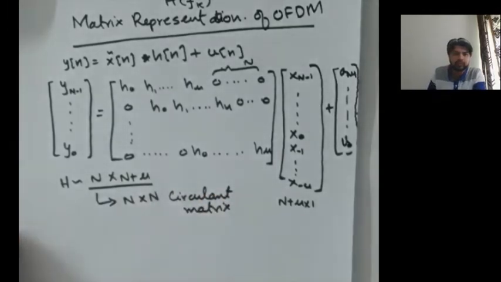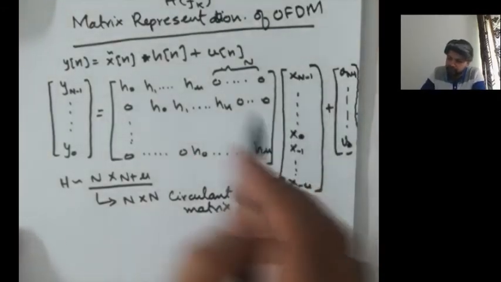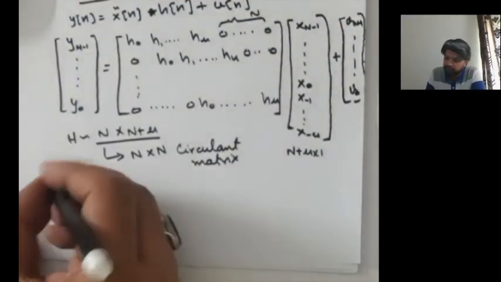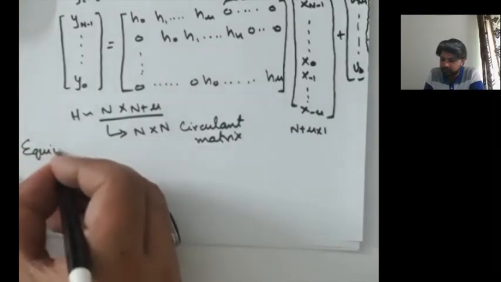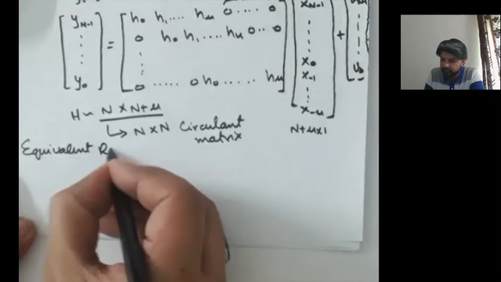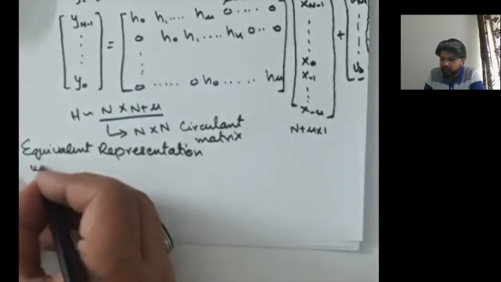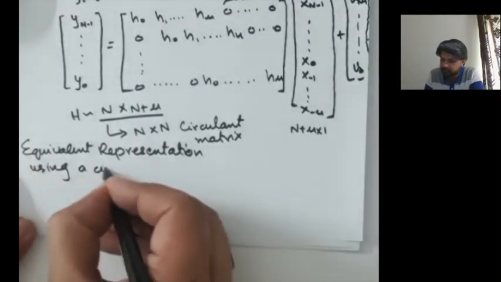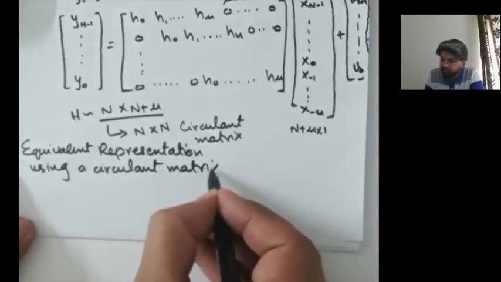Right? And then if you want to write that, because of the cyclic prefix, we know that all of these samples are nothing but these samples, right? So this equivalent representation using a circulant matrix would be the following.